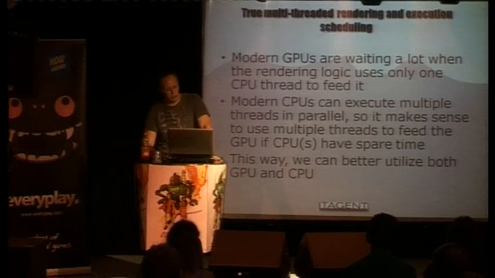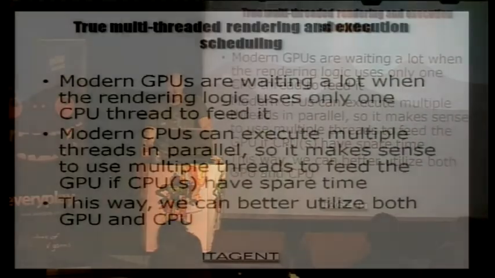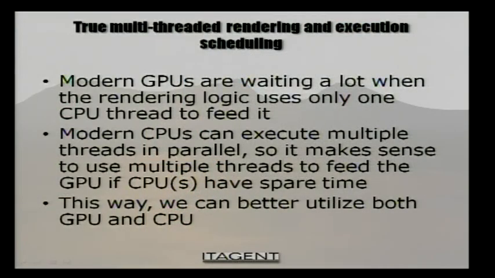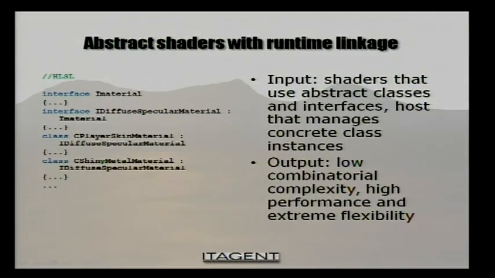Multi-threaded rendering, I talked about a little. So the API is refactored so that resources can be generated on other threads than the rendering thread. Abstract shaders, we can define HLSL interfaces and base classes, and we can assign the class implementations at runtime.